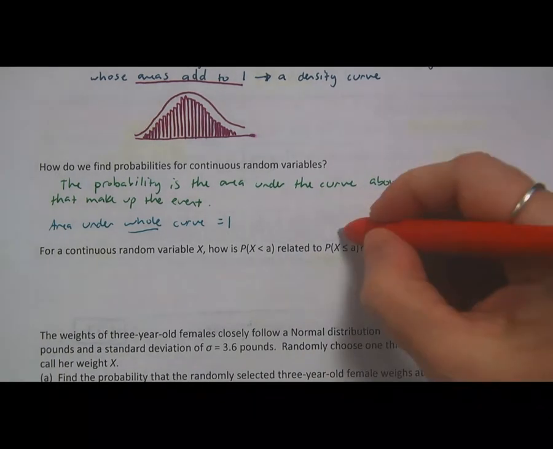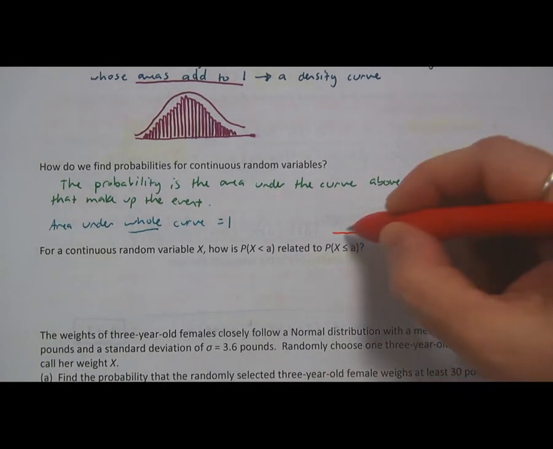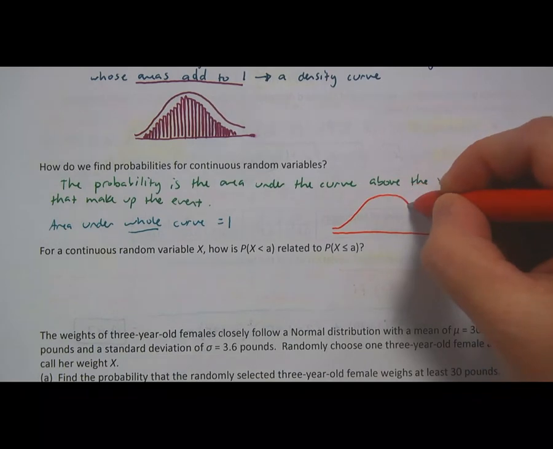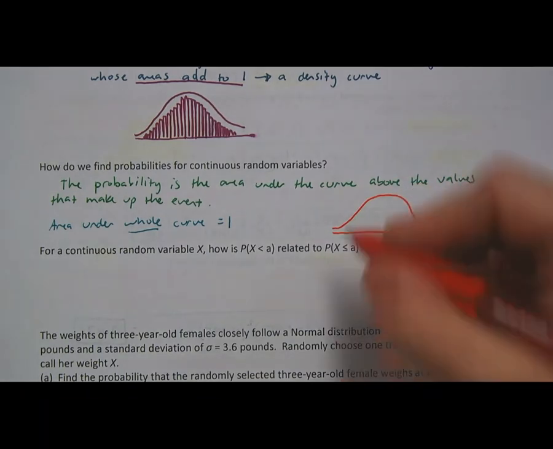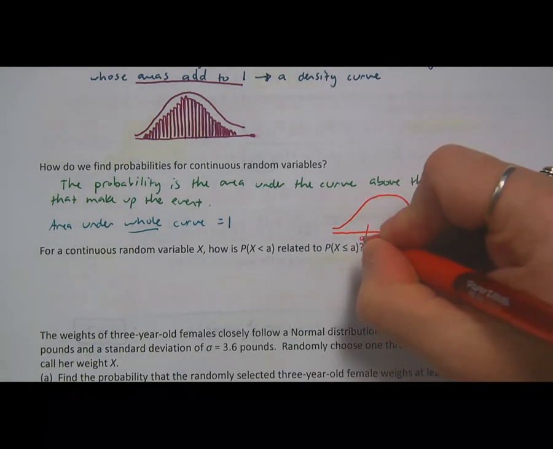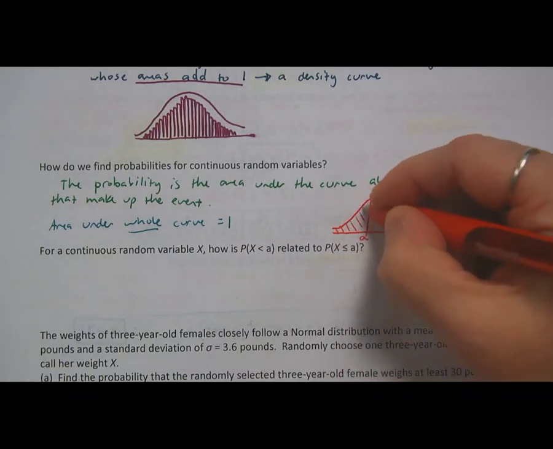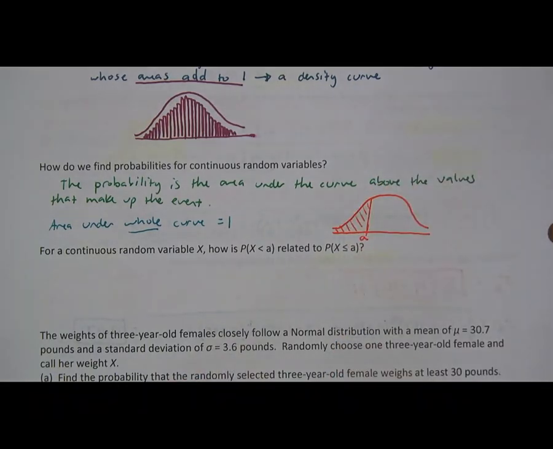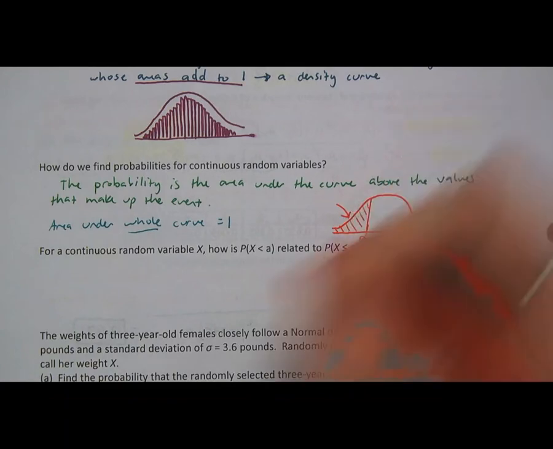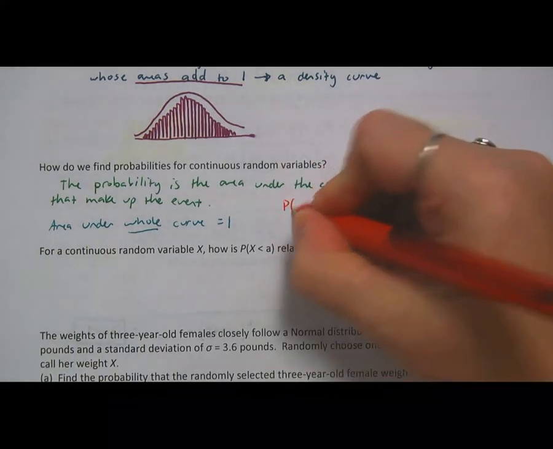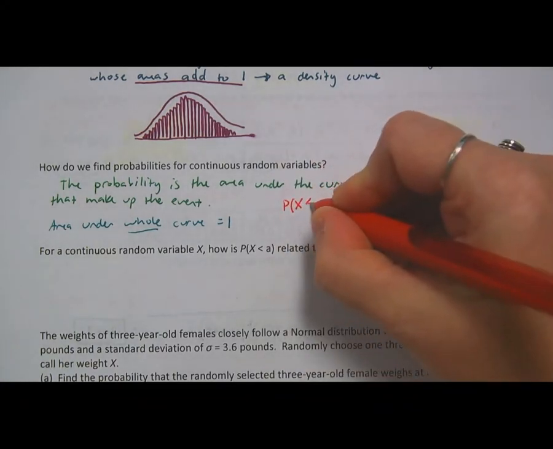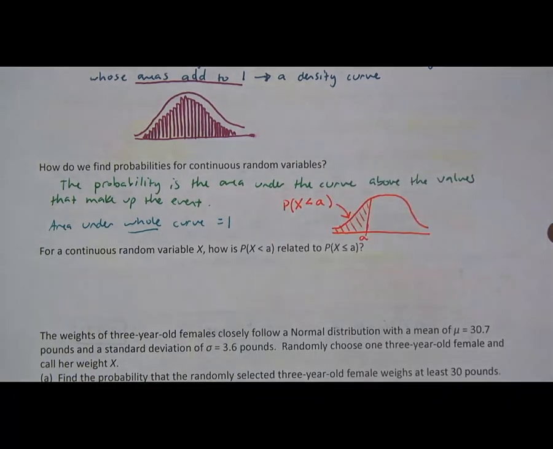So what I mean is, if you want to draw a teeny tiny little picture here, if I call that value A, and I want to shade to the left of it, because in my word problem it gives me some indication that I'm looking for that value or less than that, that shaded area right there is the probability that the value is less than A. That's when you would do normal CDF.